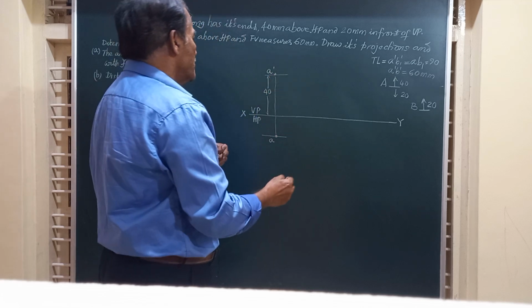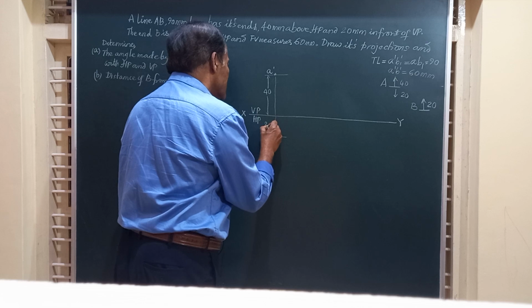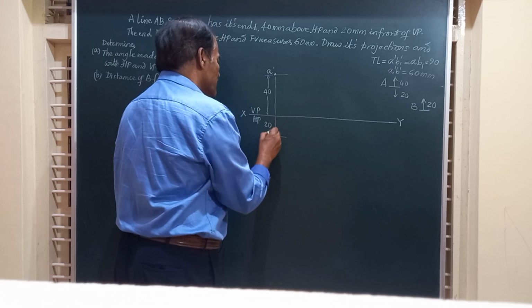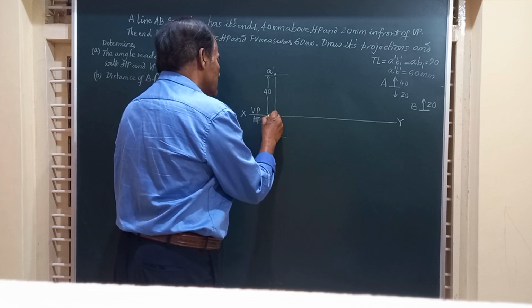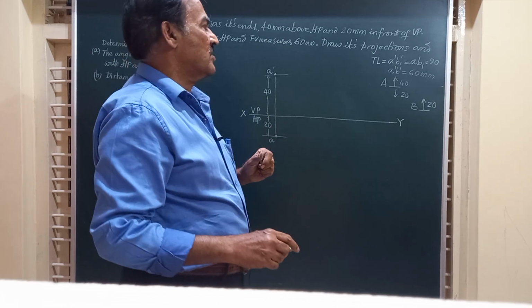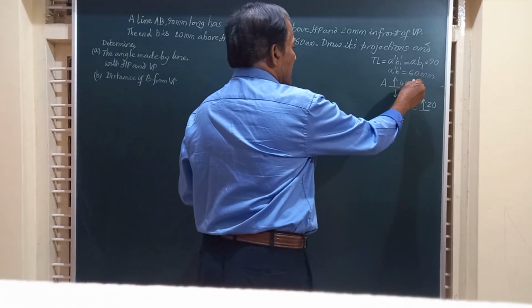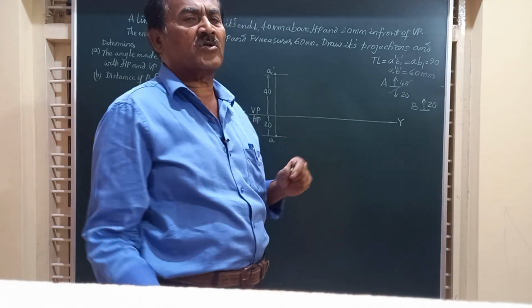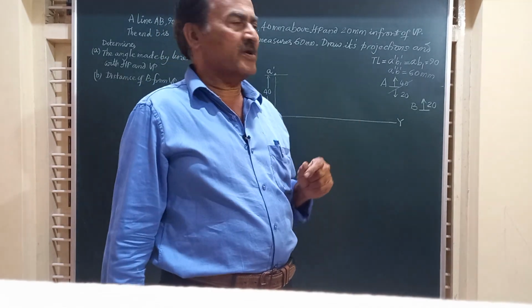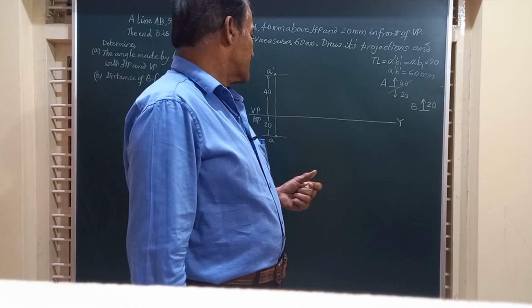So front view and top view are given, and this distance is given to be 20. So we have got the front and top views of one of the end points. That is to say, I have used this data. Like this, you have to analyze the data one by one and then put it in the system.